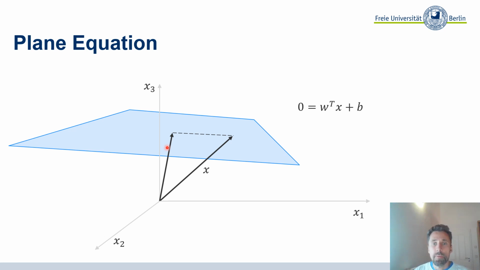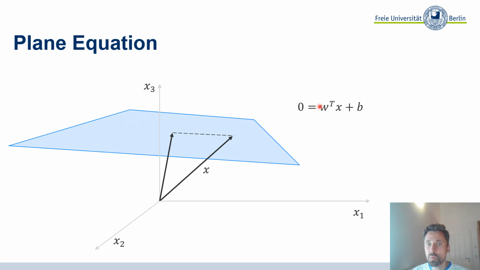And now, what's the property that we really want to define here? So W transpose X is the dot product to every X on this plane. Let's disregard for now what B is. This needs to be the same for all the X on the plane.